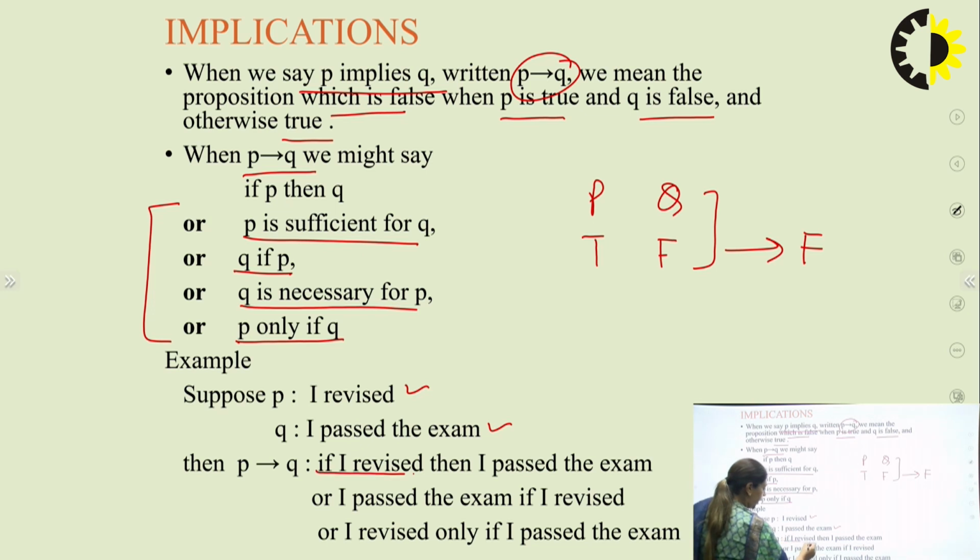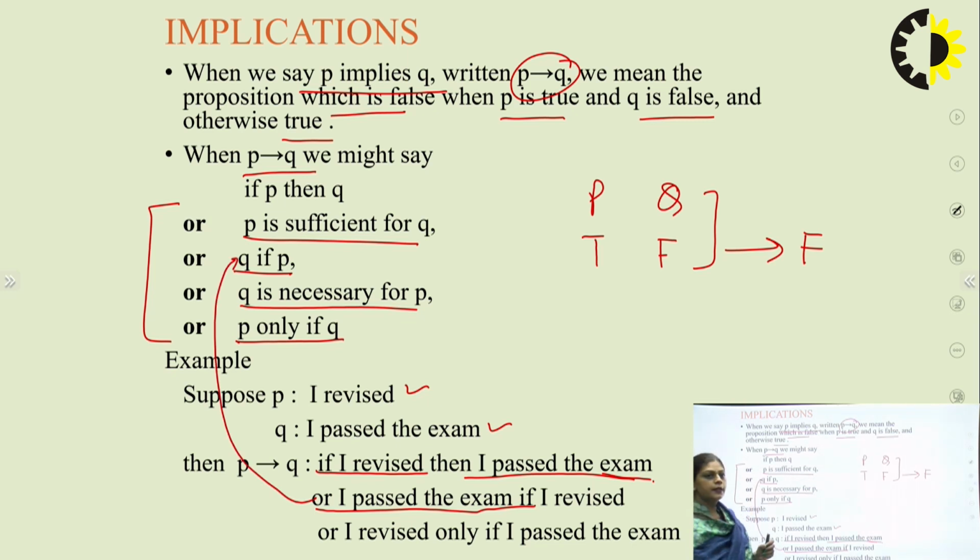If I revised, then I passed the exam, means if P, then Q, right? If I revised, then I passed the exam. I pass the exam only if I revise. This implies this one, right? Okay. Q will happen only if P will happen, right?